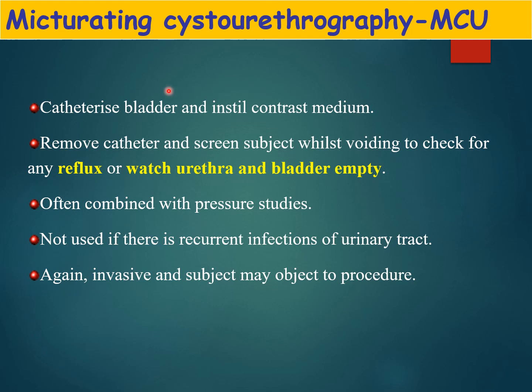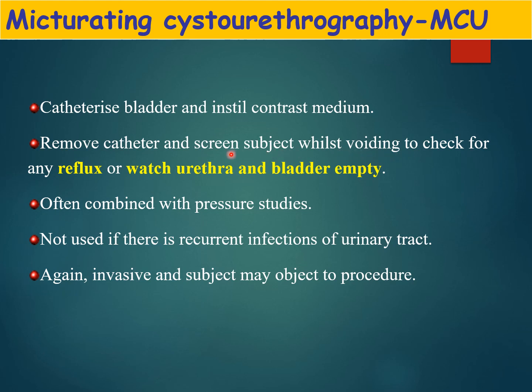We are putting a Foley catheter in the patient and injecting some diluted fluid with radio-opaque material, and we remove the catheter after that, and under fluoroscopy in the X-ray suite, or in any hospital, we observe the patient, or the fluoroscopy will give us the chance to see while the patient is passing urine.